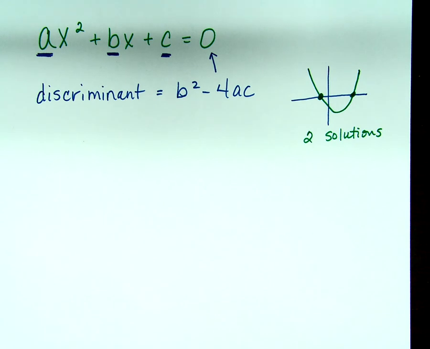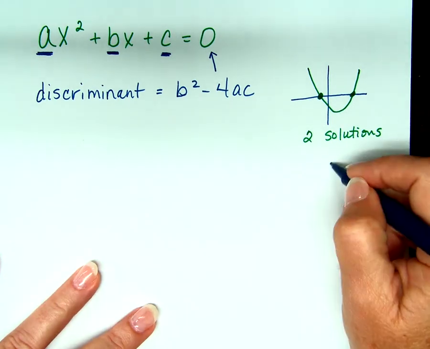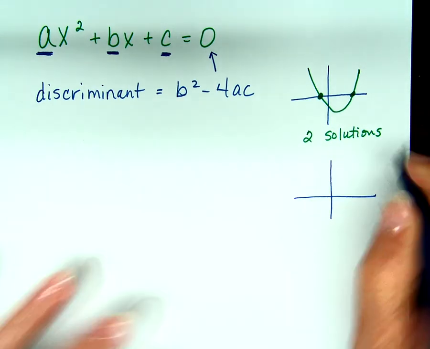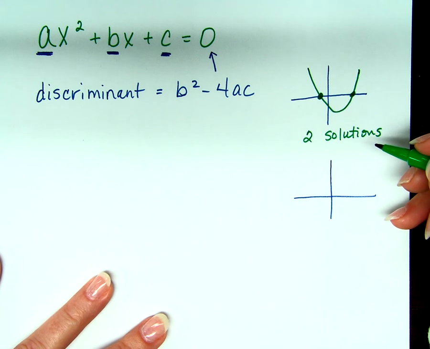What's another possibility? Upside down, but still crossing the x-axis twice, right? I'm okay with that. Oh, so if it only crosses once? How would a parabola only cross once? It has to be a parabola, right?